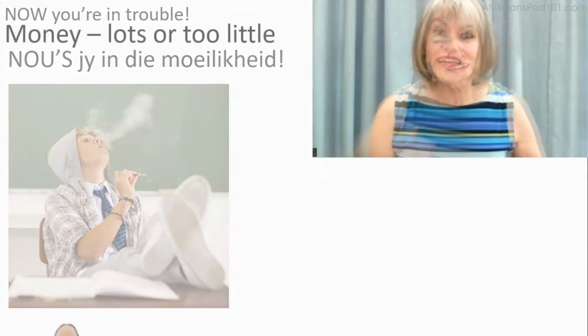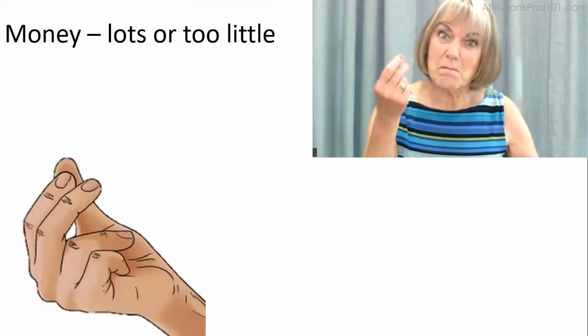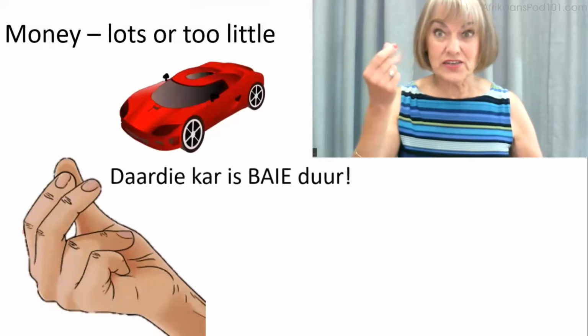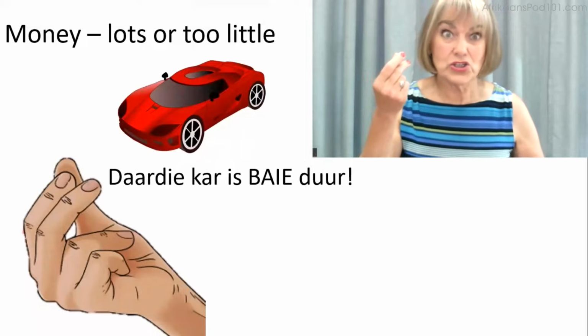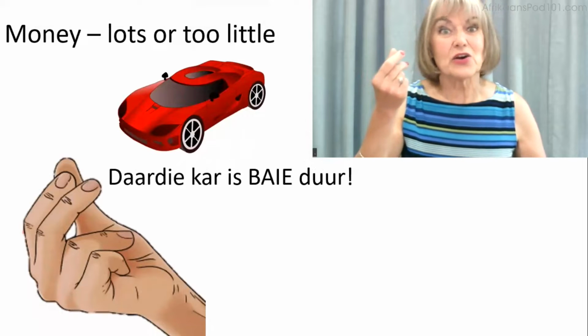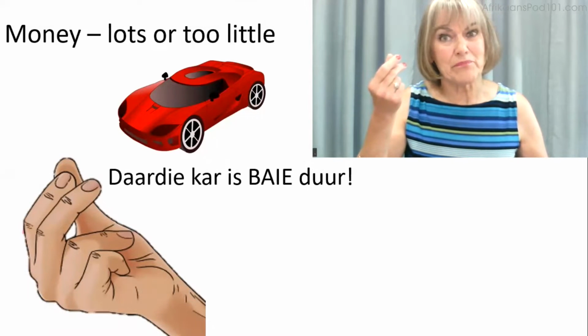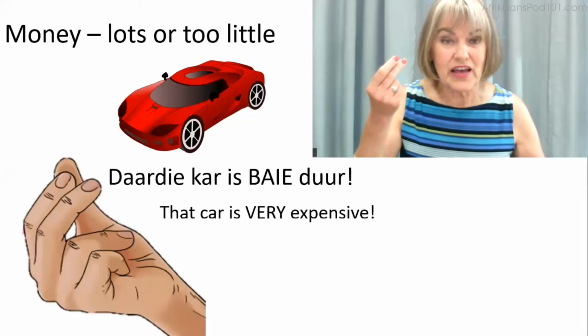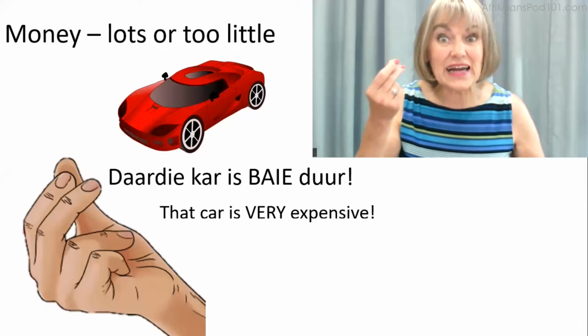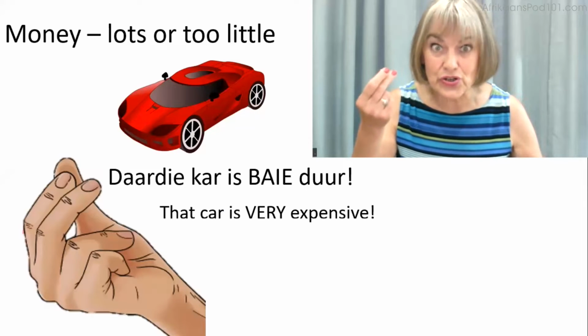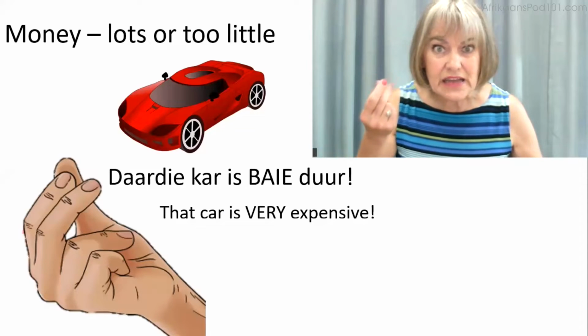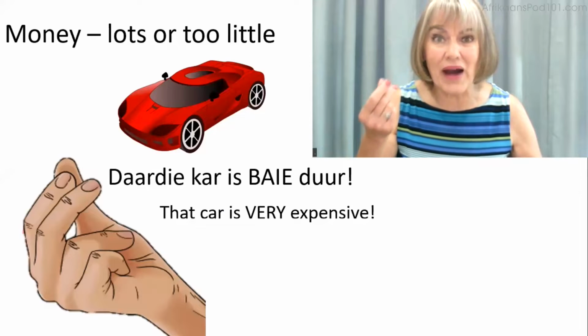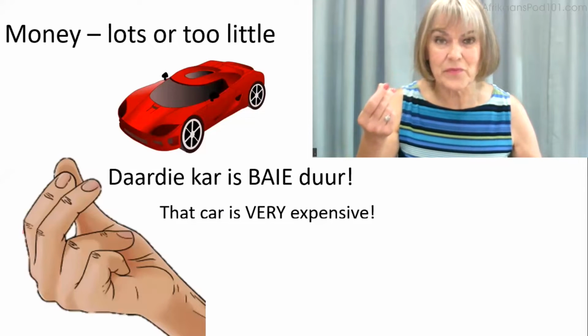Right, the next gesture is to do with money. Lots of money or too little money. If you want to say, whoa, that car costs a lot of money, it's very expensive, you can say, daardie kar is baie duur. Say it. Daardie kar is baie duur.